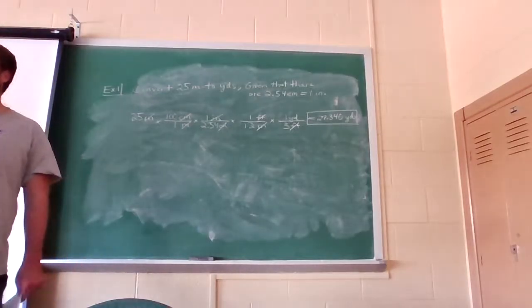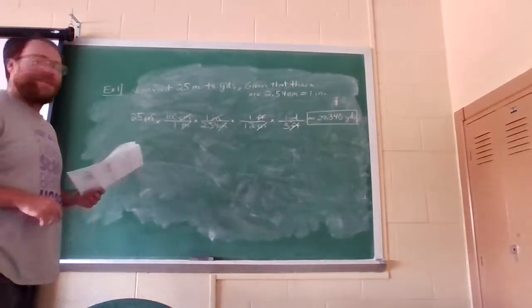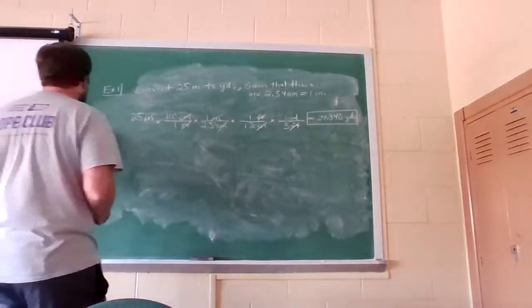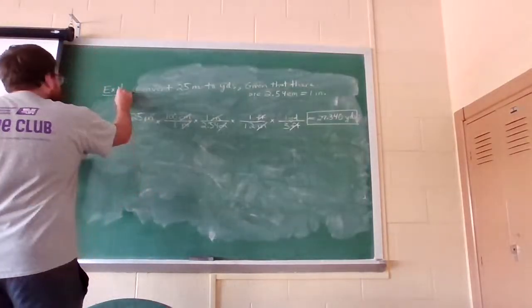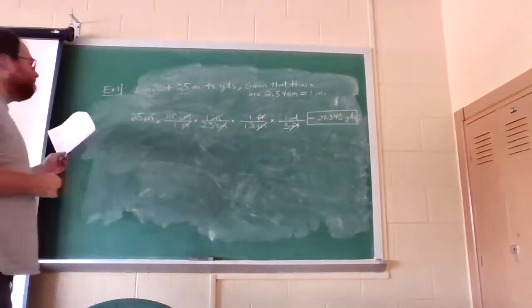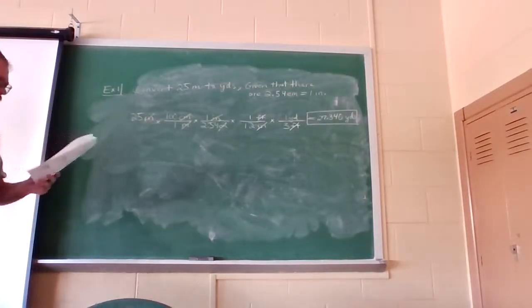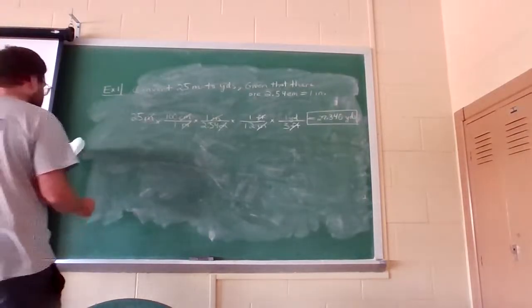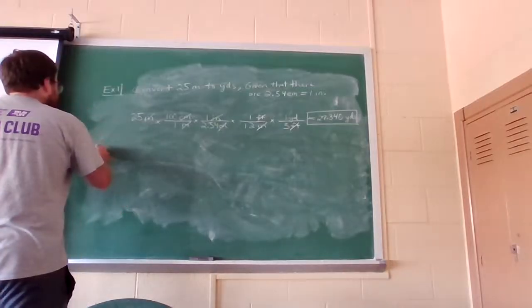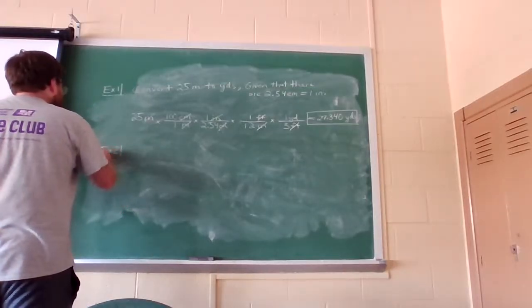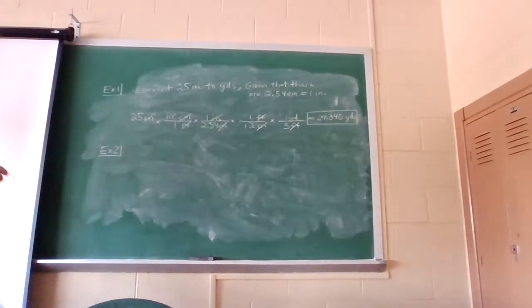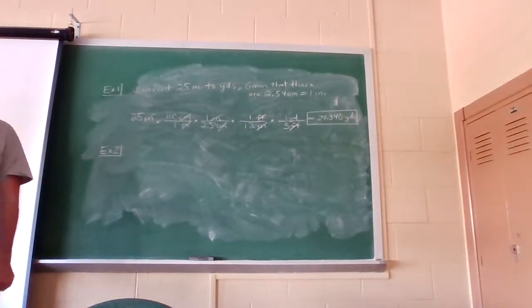So you might see some differences there. Any questions on that example there? And again, this can be with anything. It wouldn't have to be with units in the metric system or the imperial system.